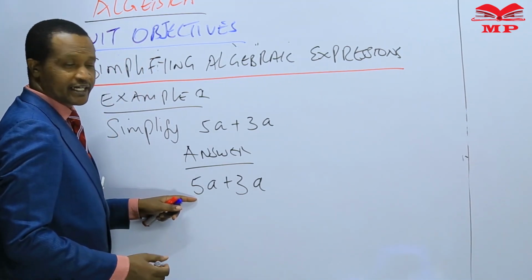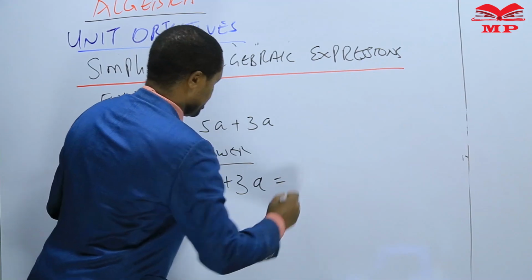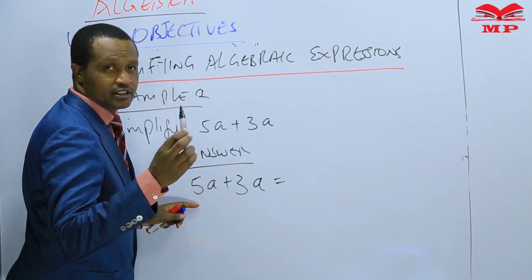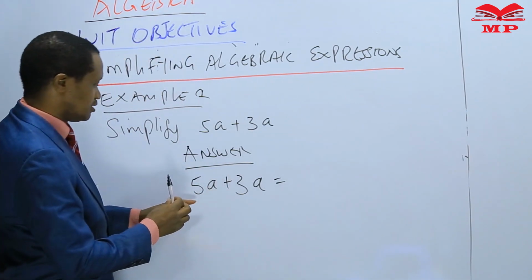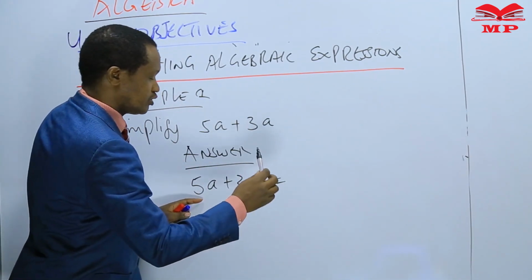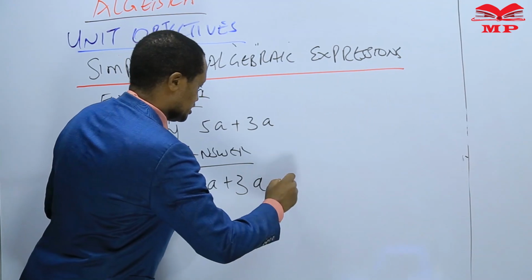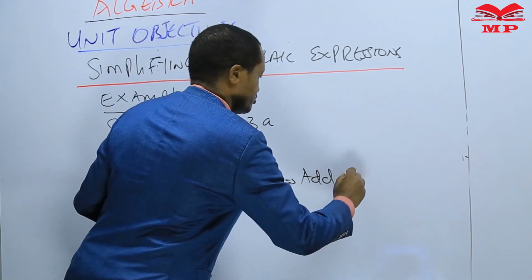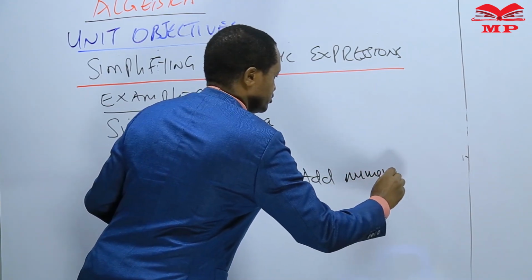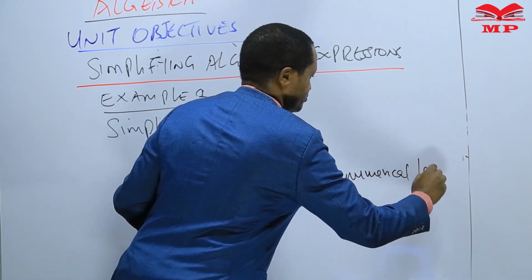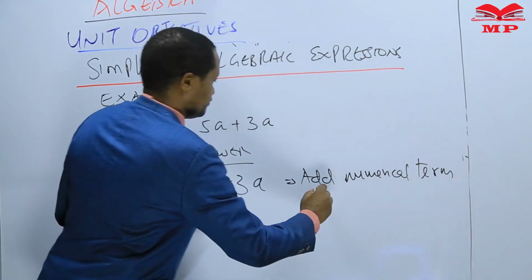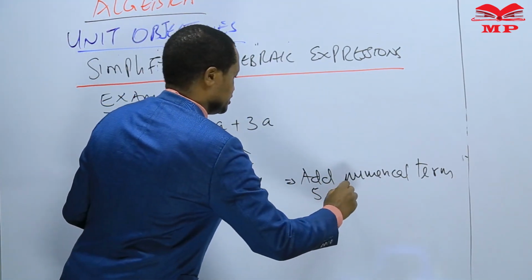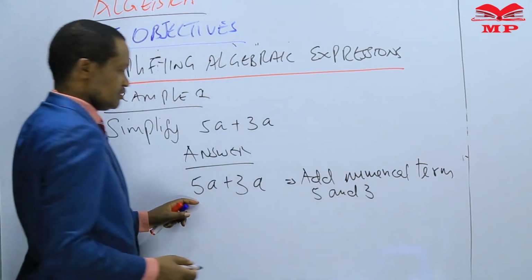When you are adding like terms in algebra, we add the numerical terms. Add numerical term 5 and 3.